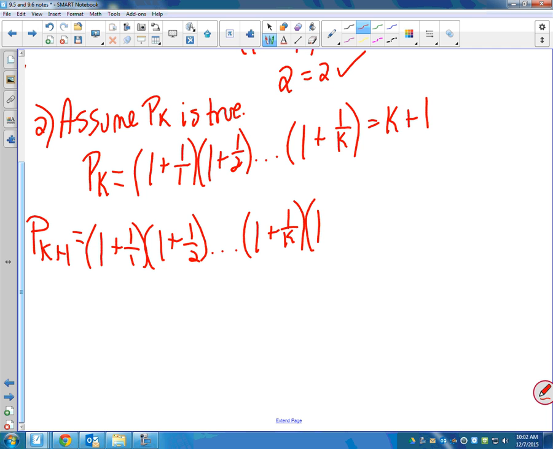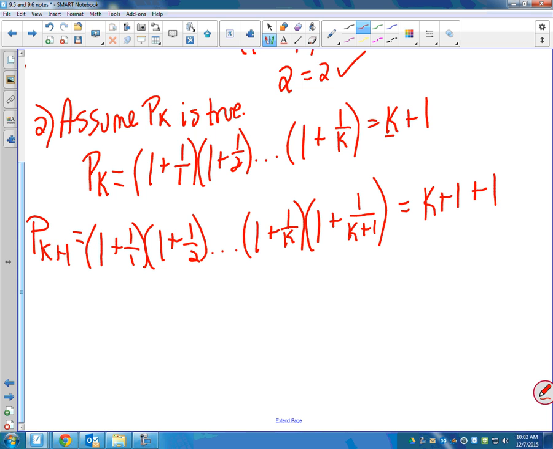And then the next term would be 1 plus 1 over k plus 1. That's probably the one mistake that people make a lot, is they want to skip that. But remember, you need the whole P sub k there, and then you do the k plus 1. But on the other side, to change this to k plus 1, I just change the k to k plus 1 plus 1, because that's the term.